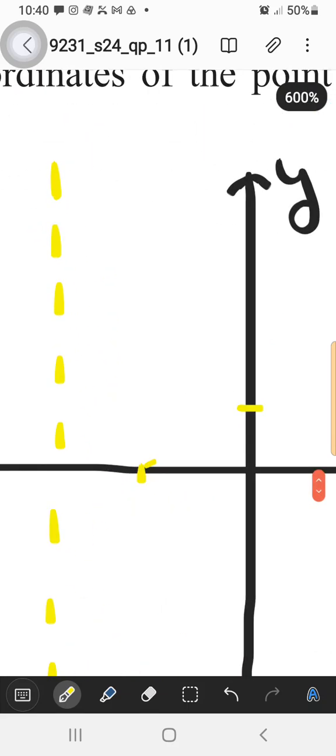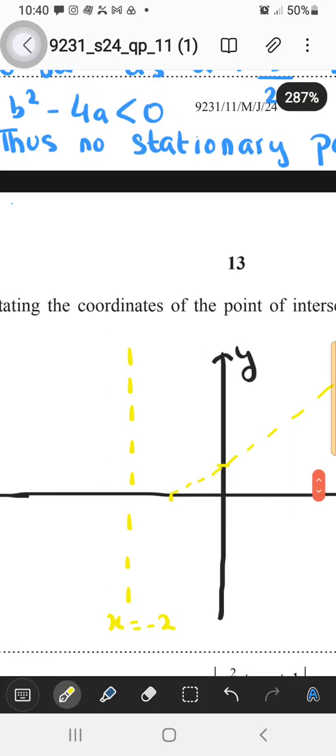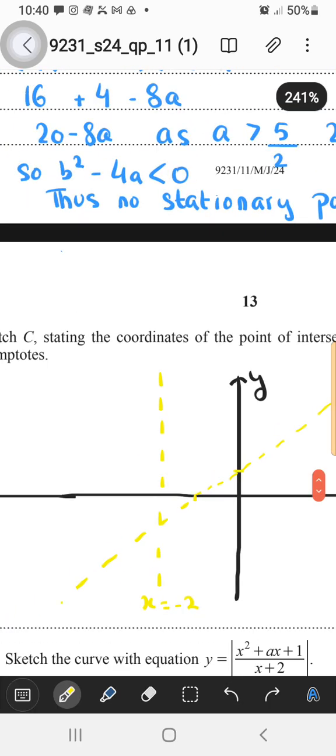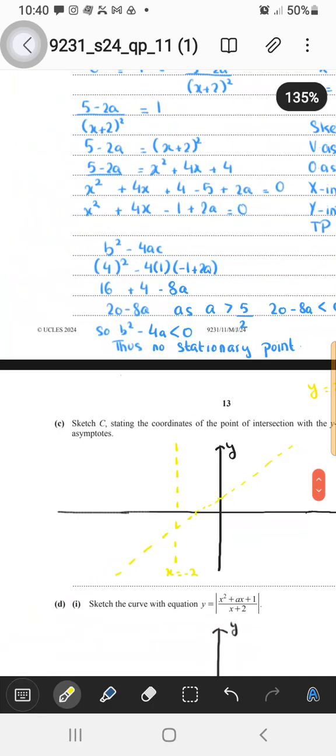Now we can sketch a dashed line for the oblique asymptote. This will not be straight, I am just giving you an idea because I don't have any scale or instrument here to draw on this page. Wait, let me complete the question.